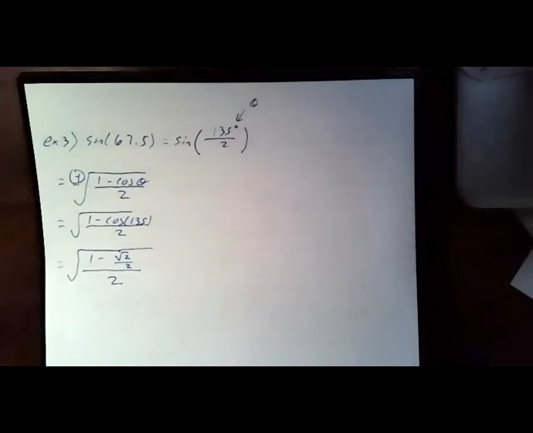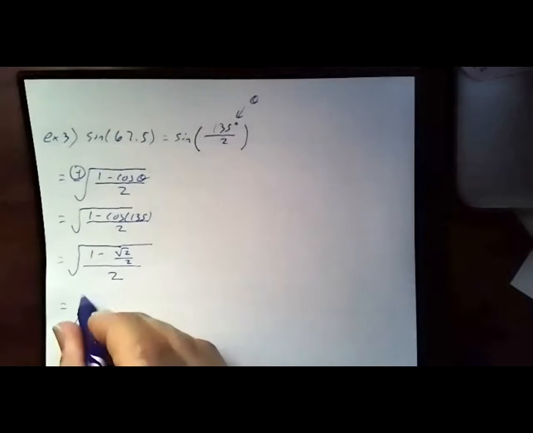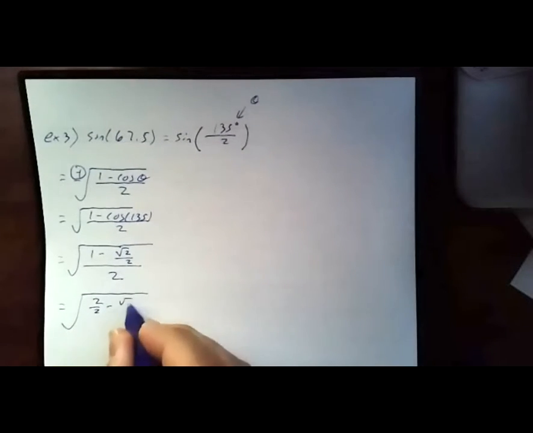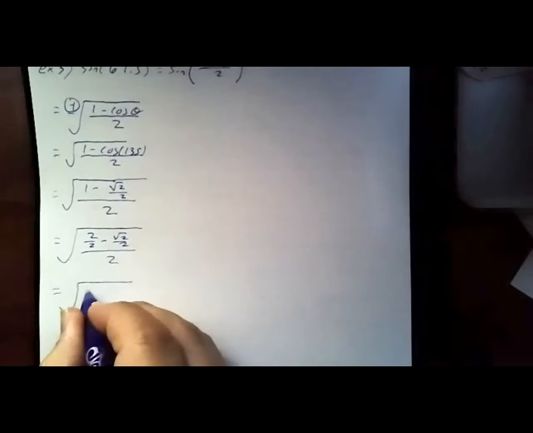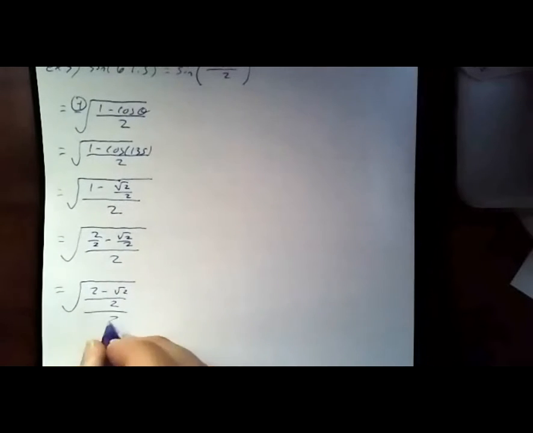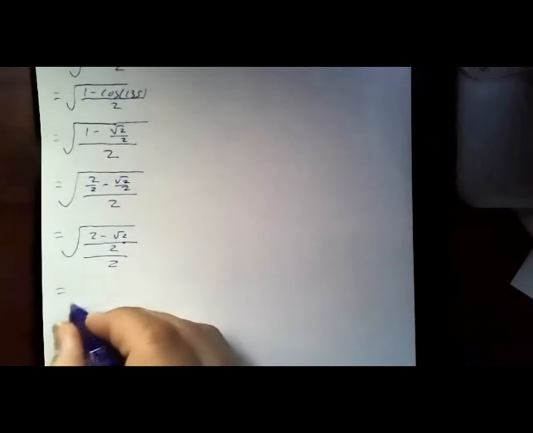Subtract the fraction, divide by 2, just like we did the last two examples, and we're done. Introduce the common denominator for the top part. It's 2 over 2 minus root 2 over 2, divided by 2. It's a lot of 2's. So then we get 2 minus root 2 over 2, divided by 2. This looks really weird, but that's how it is.